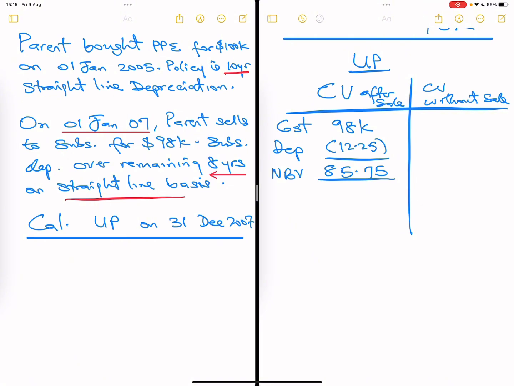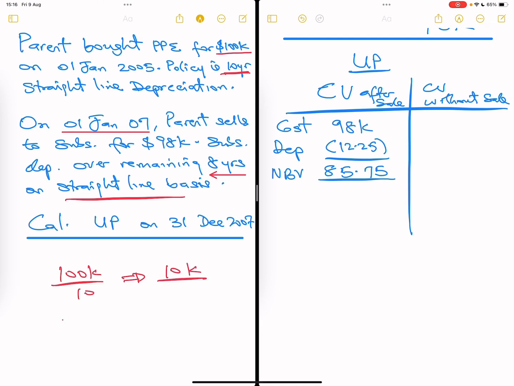But we need to get what the current value today would have been if we did not sell at all, if the parent did not sell to his subsidiary. Parent bought this at 100K, with 10-year depreciation, so annual depreciation will be 10K.